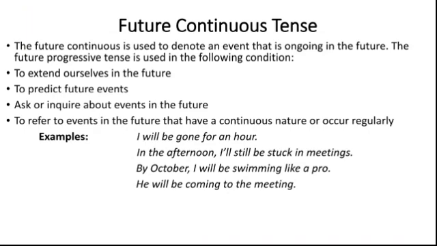Or future time event: okay, by October I'll be swimming like a pro. So that's my future plans. Okay, he'll be coming into the meeting. That's a natural phenomena, we can say, or something that occurs regularly, like he usually comes, so he'll be coming to the meeting for sure.